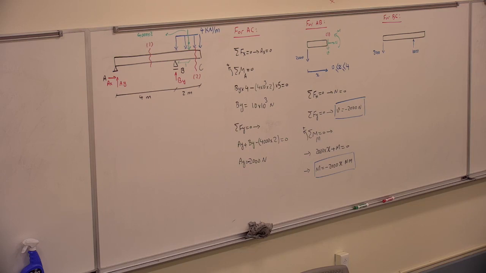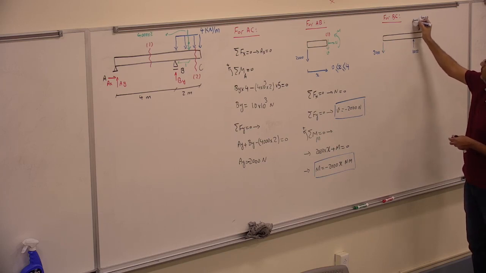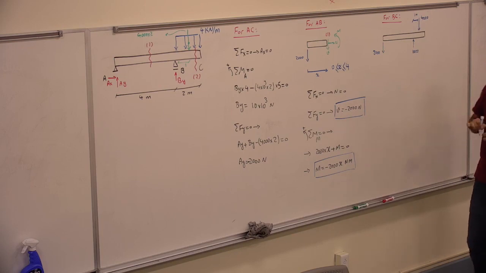We want to find the center point, really put it into just one single force. So we have that 4,000 down in the middle. So can I go there and say 4,000 there? And this is 1 meter.